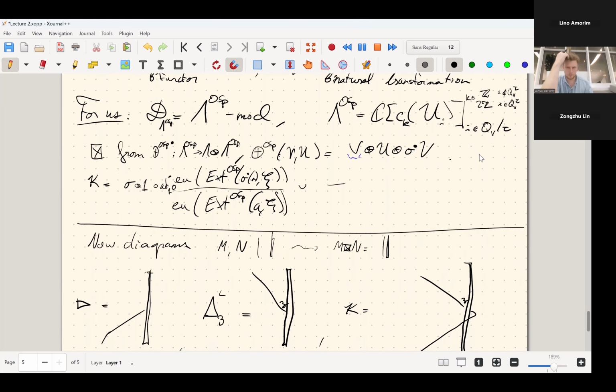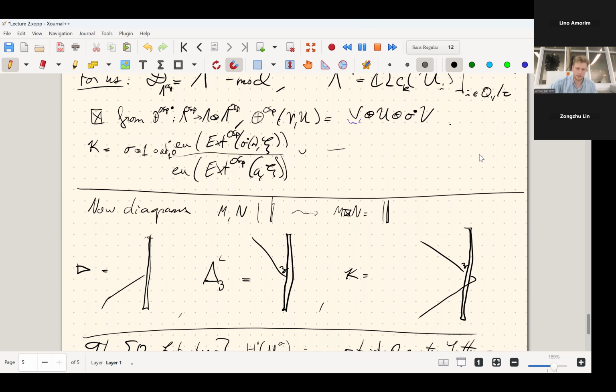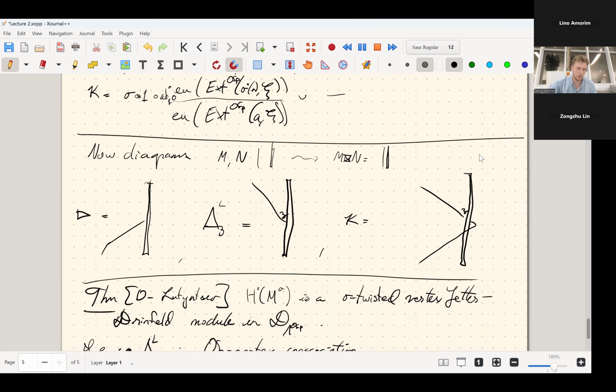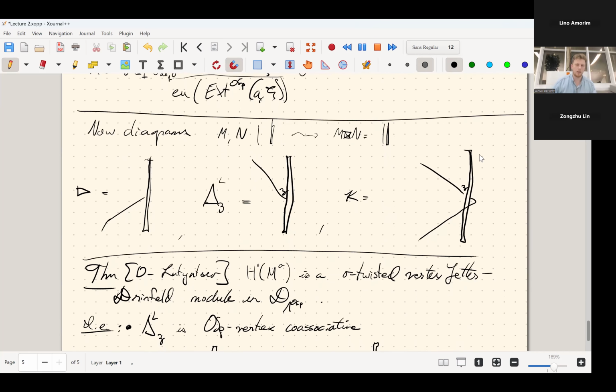And from this data, we can define new diagrams. So we're going to draw our objects in this category D as sort of thick lines. And we now have an action map, a coaction map, and this reflection, or type BC braid group generator. And then what sort of structure does this module have?